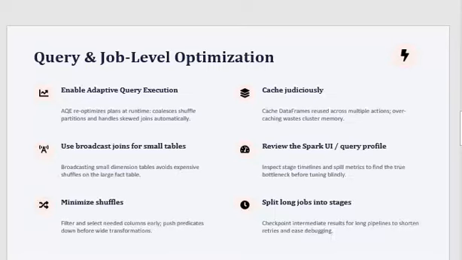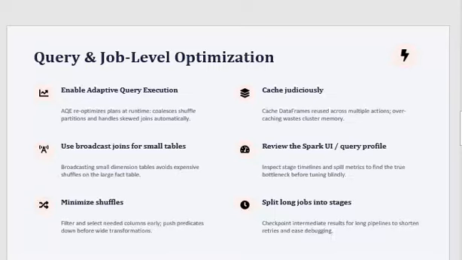Use broadcast joins for small dimension tables. Broadcasting avoids an expensive shuffle on your large fact table. Minimize shuffles in general. Filter rows and select only the columns you need as early as possible in the pipeline.